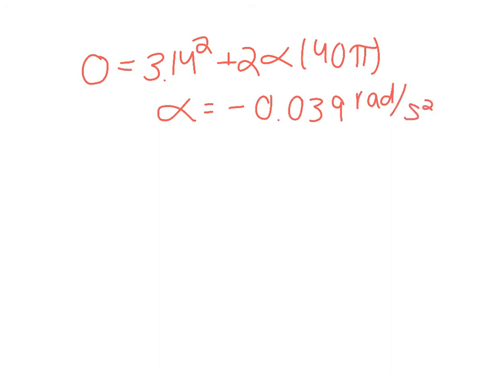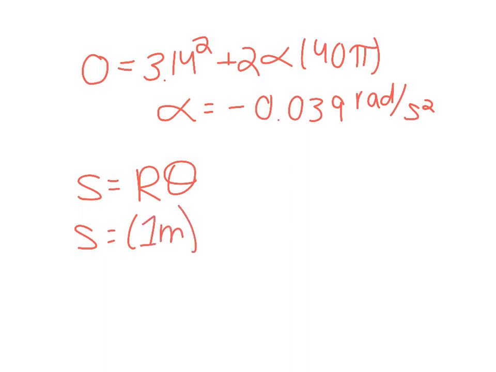So the last part, it asks us for how far does it travel. In this part, we need to use S equals R theta. So we're looking for S, where R is our radius, and in this situation, our radius is 1. And then remember that theta is how far we travel.